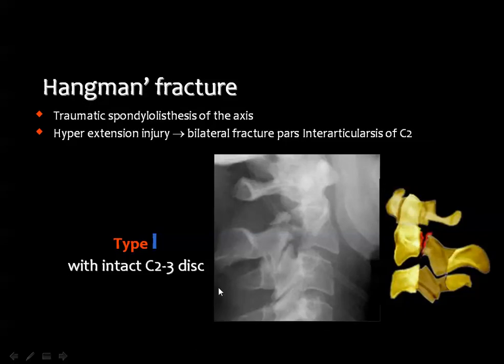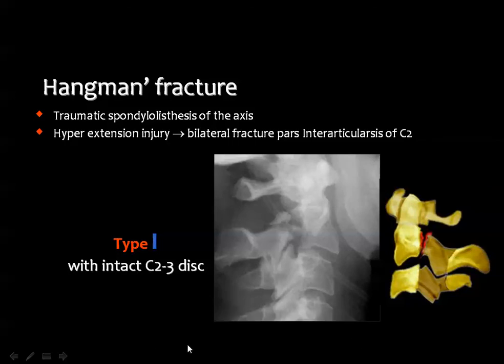Then we come to the hangman fracture, which by definition is a traumatic spondylolysis of the axis, and this will usually result from extension injury leading to bilateral fracture of the pars interarticularis of C2.